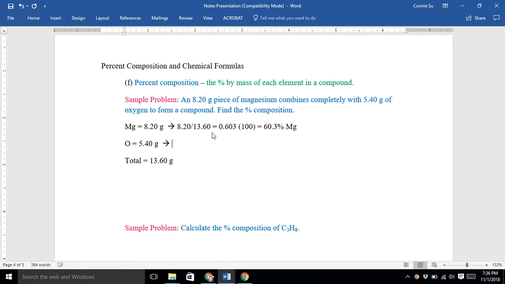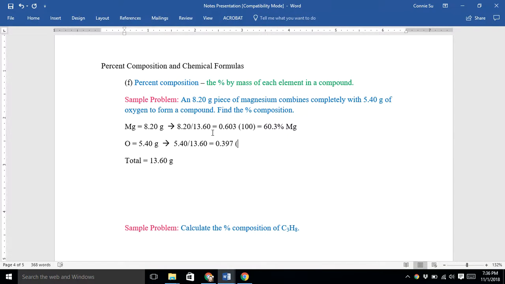We will do the same thing for oxygen. I'm going to take the amount of oxygen, which is 5.4 grams, and divide it by the total, 13.6. On the calculator, 5.4 divided by 13.6 is 0.397, rounded to 3 sig figs.